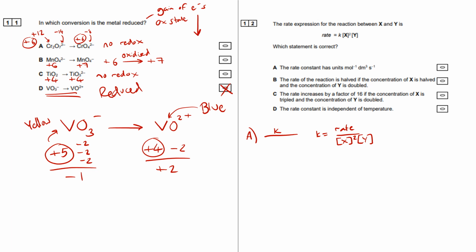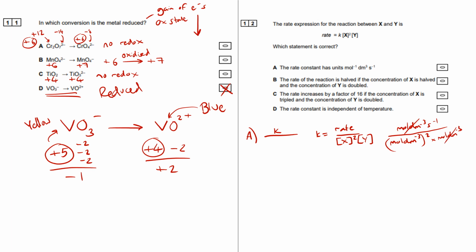So the units for the rate constant is going to be s to the -1 over moles per decimeter cubed squared, or s to the -1 over moles squared dm to the -6, and that can finally be simplified to s -1 mole -2 dm plus 6. So they're not the units.